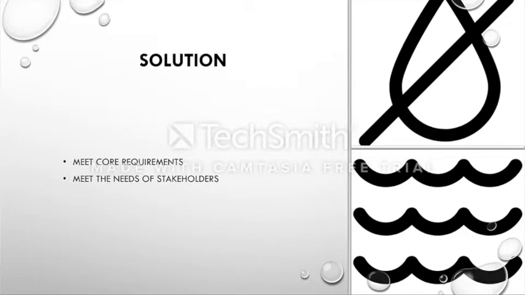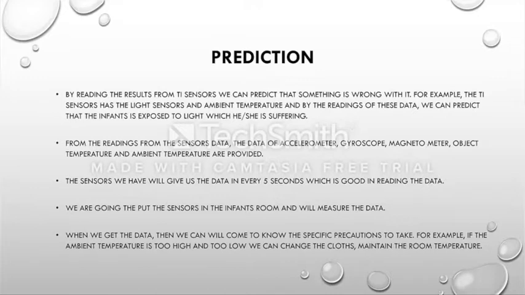The solution we are proposing to this problem meets core requirements and also meets the needs of stakeholders. In this case, stakeholders are the parents. This system is reliable and it's safe. So what will happen is we're going to make predictions.